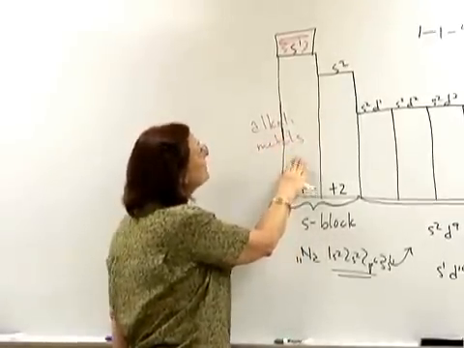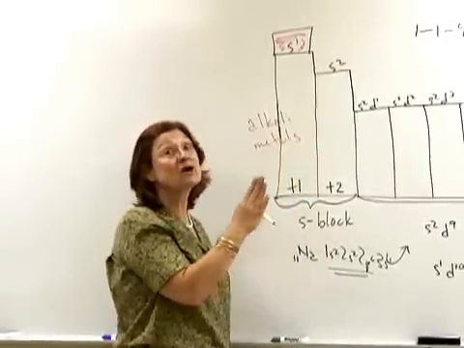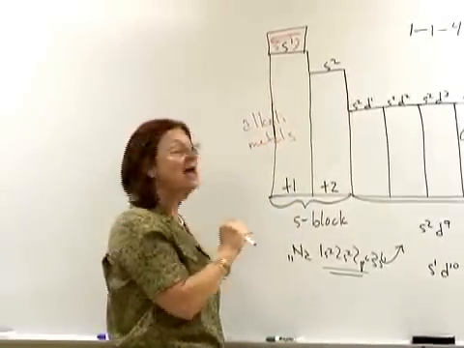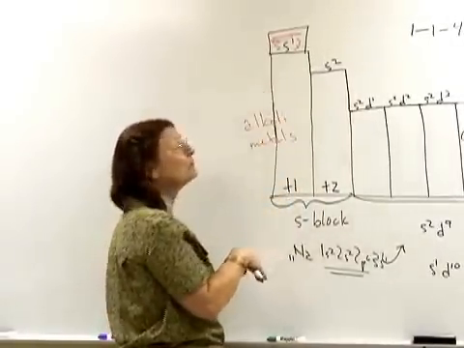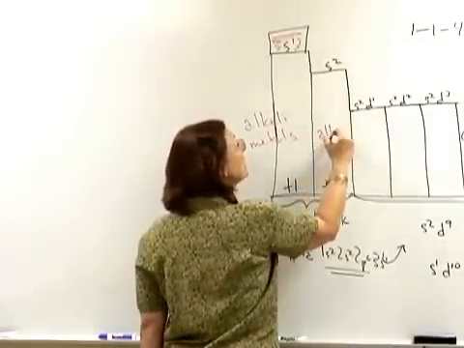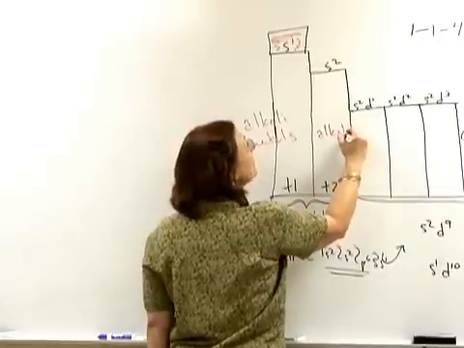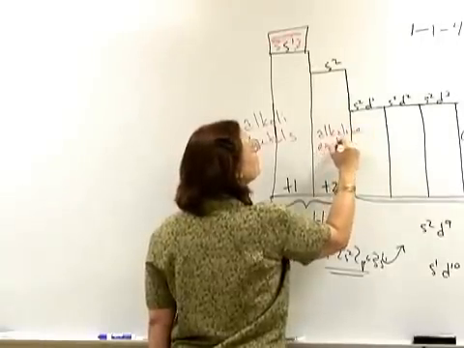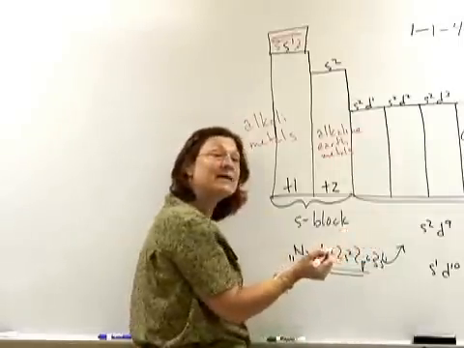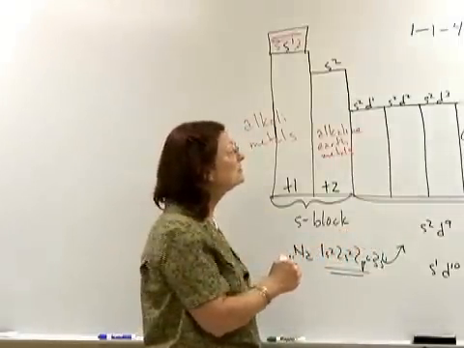It's placed here because hydrogen only has 1 electron, and therefore its ending electron configuration is s1, and therefore it's placed in the column with the alkali metals. Then we have the alkaline earth metals. They have the s2 ending electron configuration.